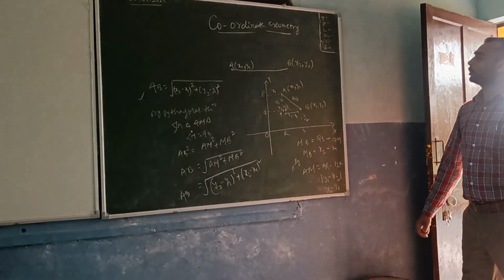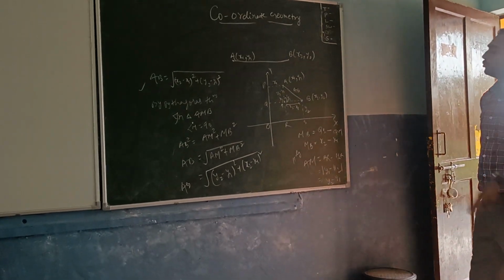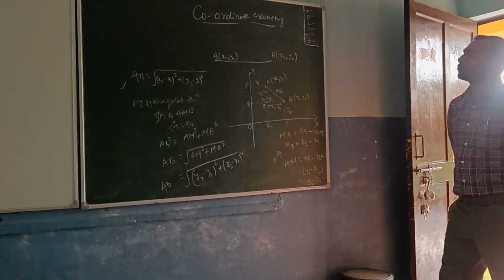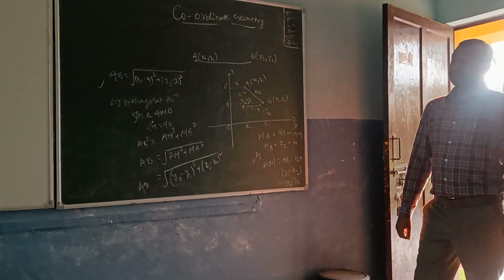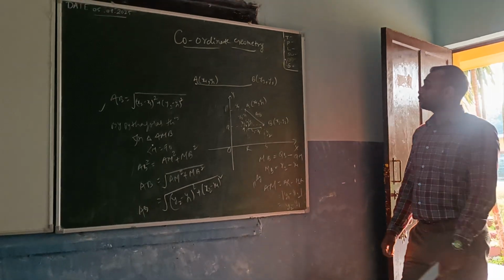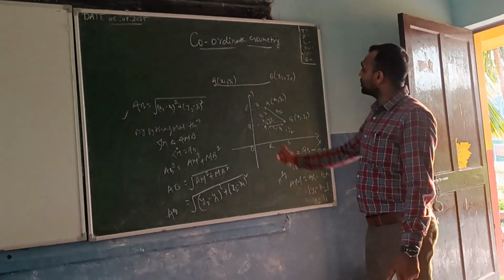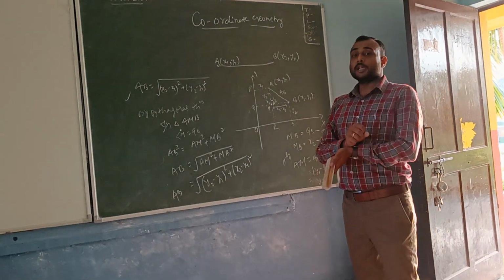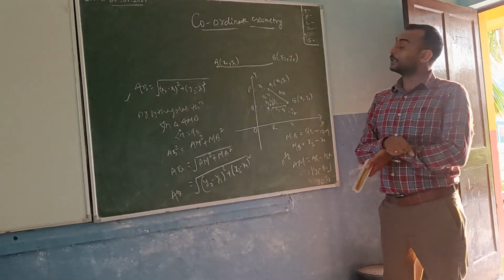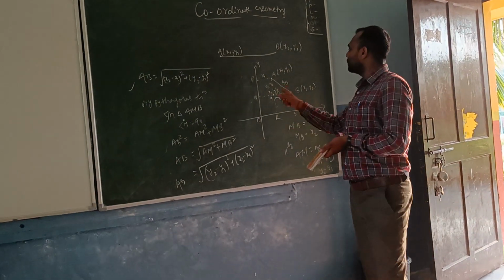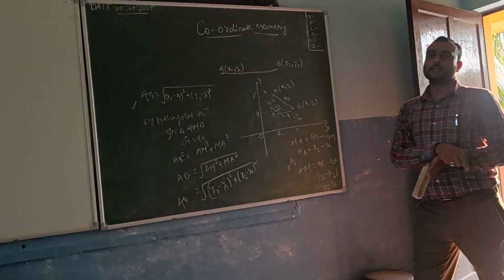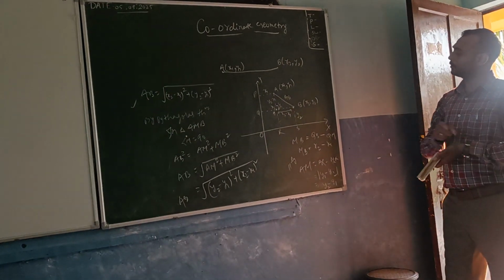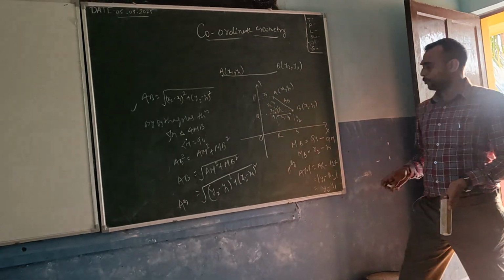This is what we have written. The distance formula of AB is under root x2 minus x1 whole square plus y2 minus y1 whole square. So we arrive at the conclusion that we can find the distance between any two points in any quadrant. If A and B lie in any quadrant, like first, second, third or fourth, we can find it using this formula.